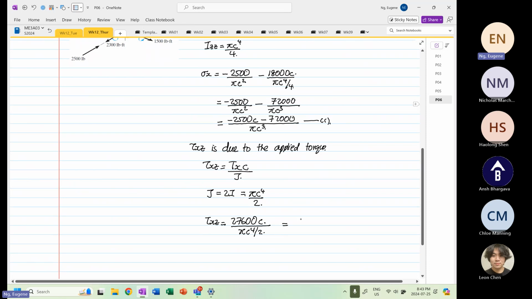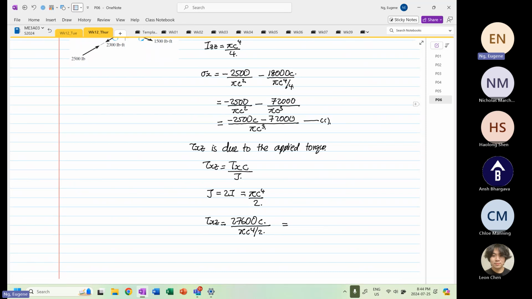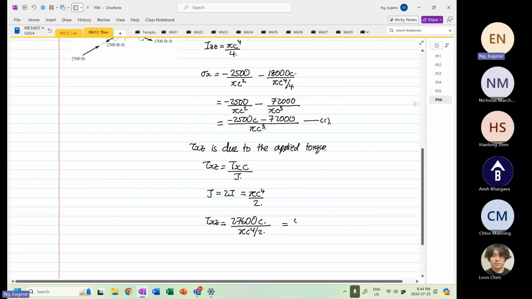So I will tidy things up. I'm going to bring up the 2, so 27600 times 2 is equal to 55200 divided by pi c cubed.